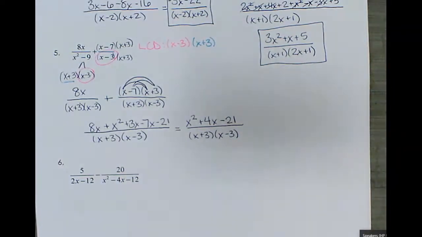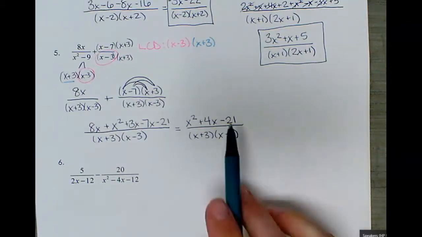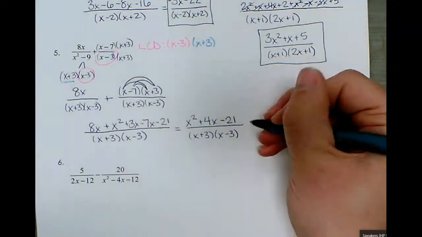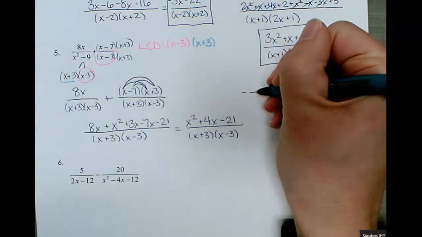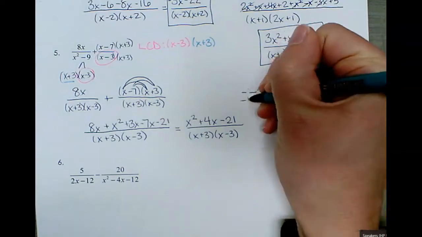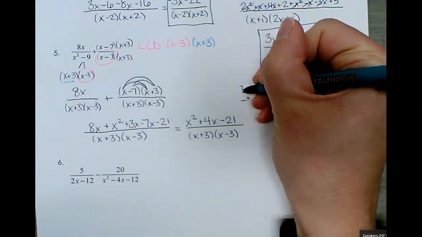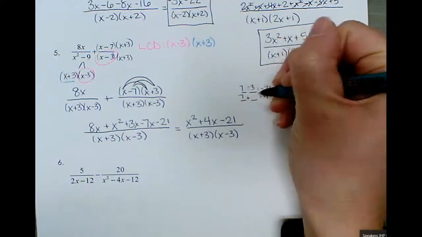Just like in the last problem, it's a good idea to see if you can do magic numbers with the polynomial on the top. So what multiplies to give you negative 21 but adds to give you 4? Well, the magic numbers that do that are a positive 7 and a negative 3.